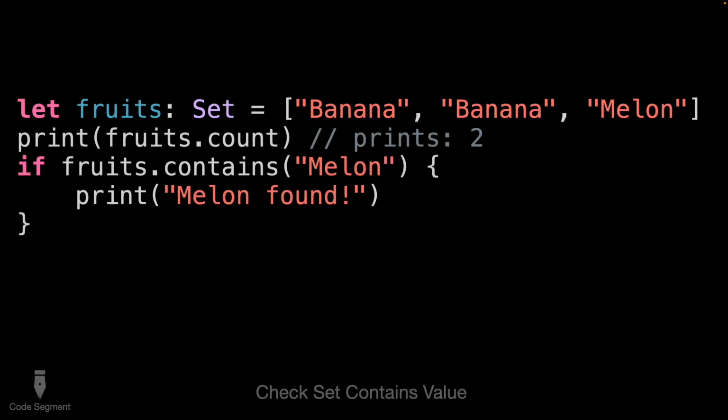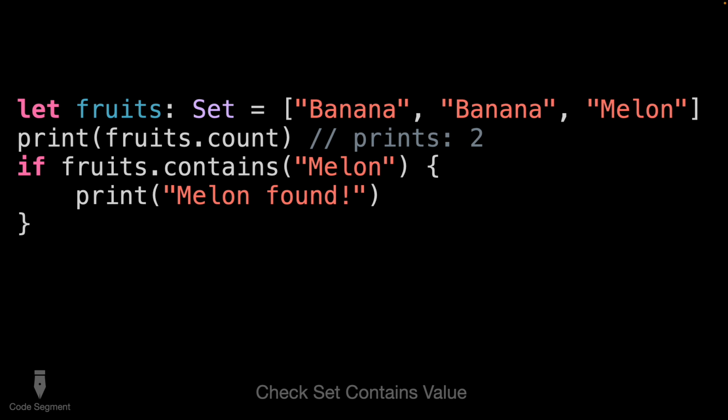So one of the things that you can do with a set is you can get a count. You can also use contains. You can use insert. There's a number of methods or functions on sets that you can use. For now, we're going to use two. We're going to use count, so fruits.count. And what this does is it prints the value 2. It tells us how many elements are within the set.